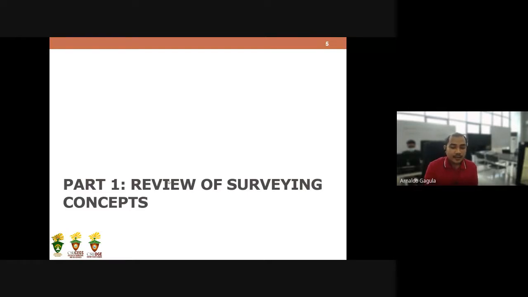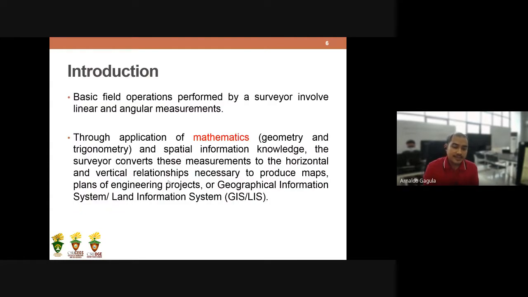In this part, more on review lang ta sa inyong GE 101, all about the surveying concepts. Basically, the field operations performed by a surveyor or a geodetic engineer involve linear and angular measurements. So kung mag-measure ta, if mag-perform tag field activities, we need these 2 measurements, the linear one and the angular.